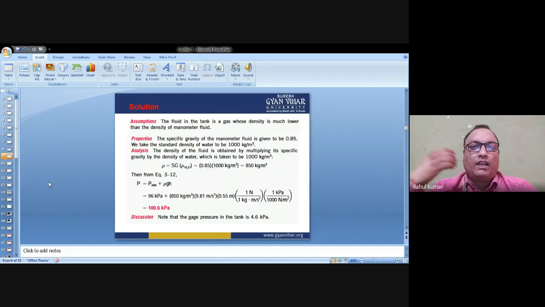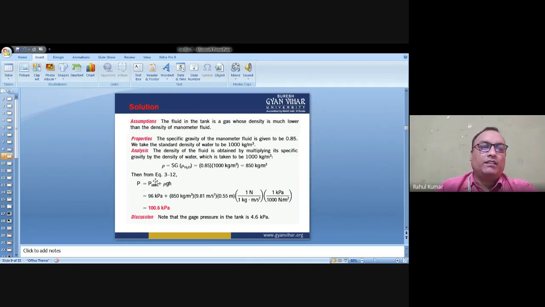The density of the fluid is obtained by multiplying its specific gravity by the density of water. Then rho equal to 0.85 into 1000, which is 850 kilogram per meter cube, right?